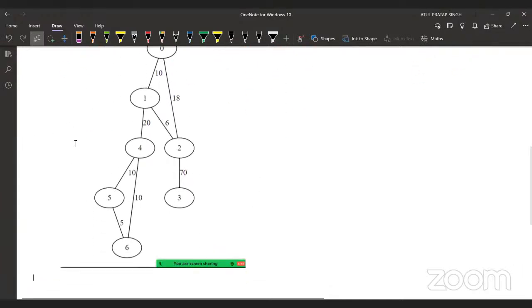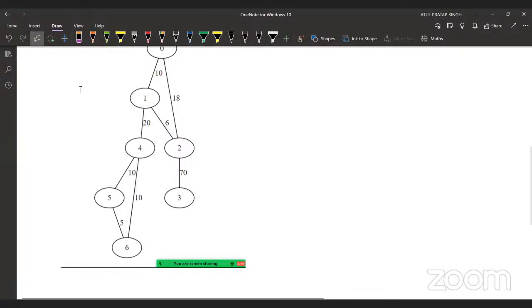In Kruskal's algorithm, that is a simple algorithm. We first find all the edge information, that is, what the edge weights are. So if we consider that these are all the edges, first we will arrange the edges in increasing order of their weights.